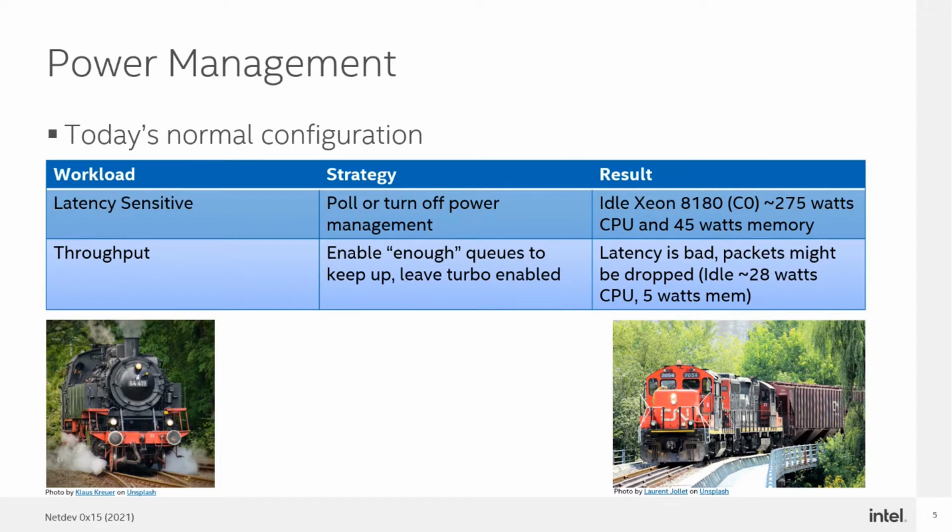In latency-sensitive environments, typical configurations usually cover something like 275 watts of power when the system's set to poll. So if you're really latency sensitive, you might set your system to polling, and then you would burn all this extra power just to get low latency.